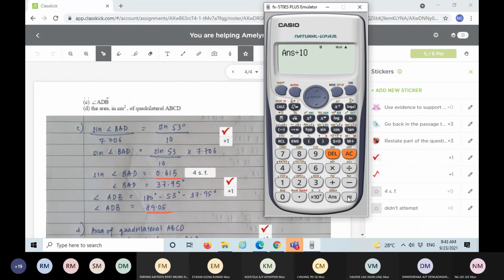Okay, you get the answer times 7.706. Okay, mostly the ones who make mistakes actually round off too early at part B, 7.71. Then they carry all the mistakes along the way.